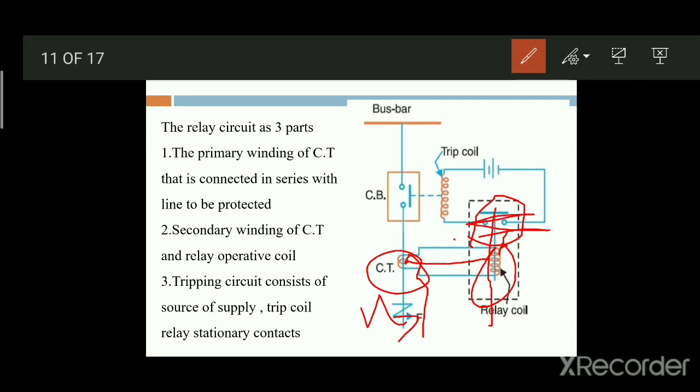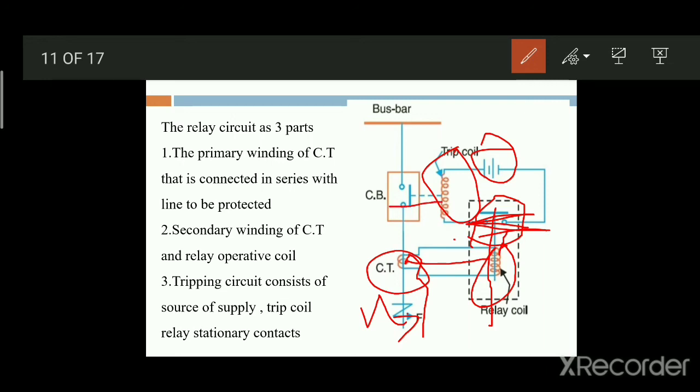If the circuit is in the closed position, then the current will flow through this circuit by using this battery. If the current passes through this circuit, then automatically the tripping coil is energized. If the tripping coil is energized, then that coil gives the alarm signal to this circuit breaker.